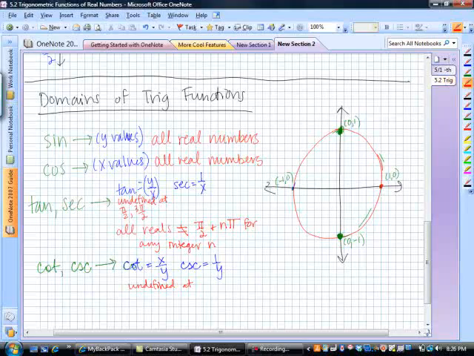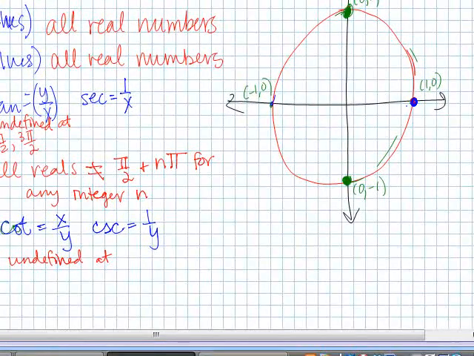And do you see that y is equal to 0 at 0 degrees and at 180 degrees, or at 0 and pi? So we are undefined at 0, pi and 2 pi. Basically anytime you hit the points 1, 0 and negative 1, 0, because the y values are 0 there.